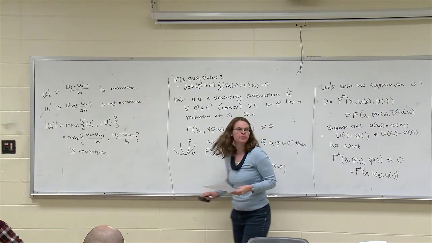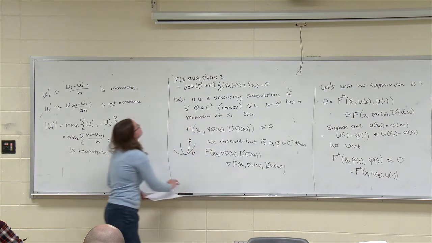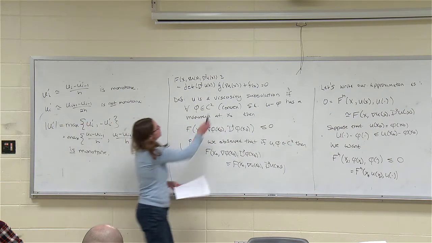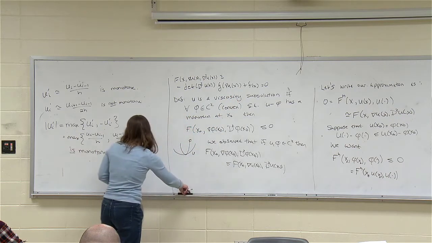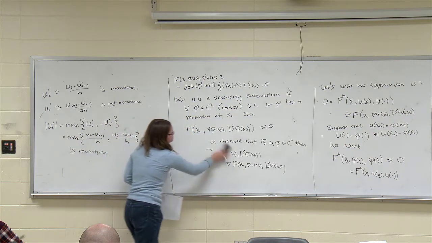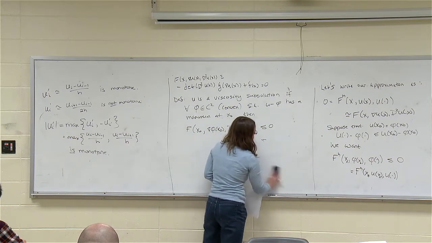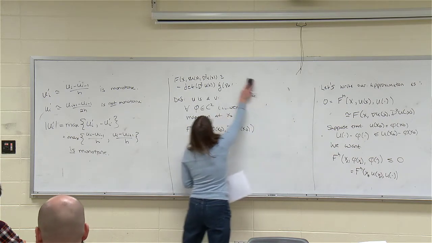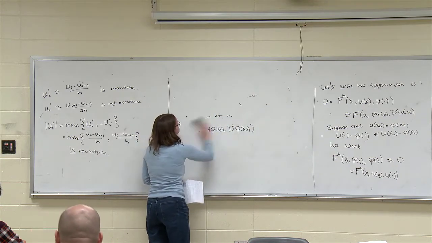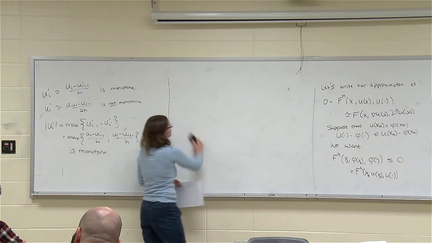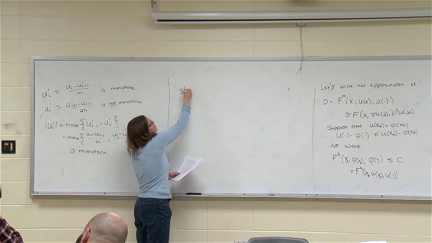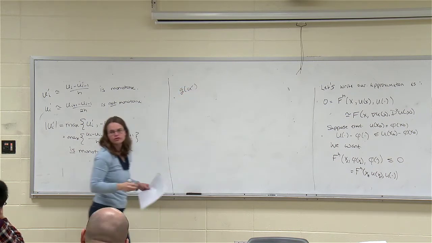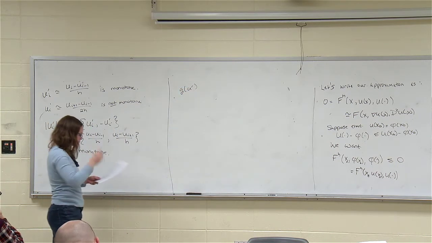I'll show you one other example because this is a little bit important for terms like this, functions of the gradient. We'll do it in 1D, but you can easily generalize this dimension by dimension.